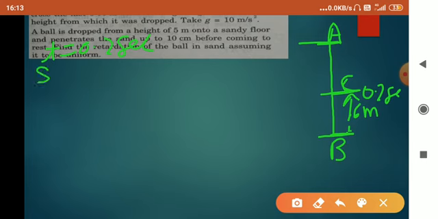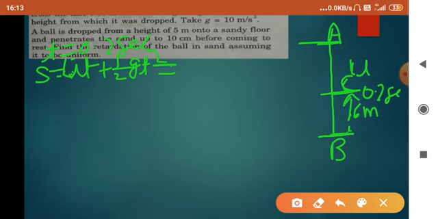So apply the second equation of motion, s equal to ut plus half gt square, where u is the velocity at this point.